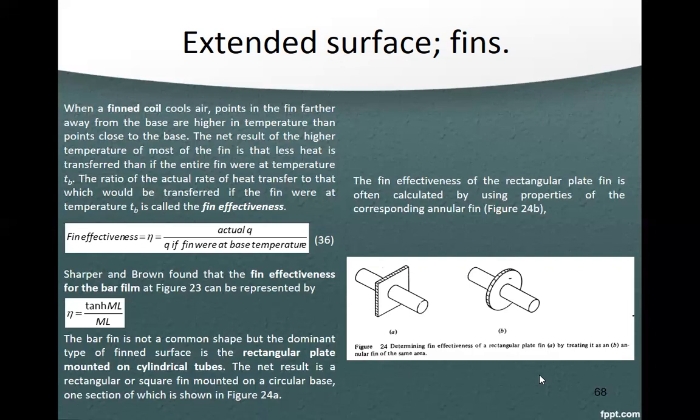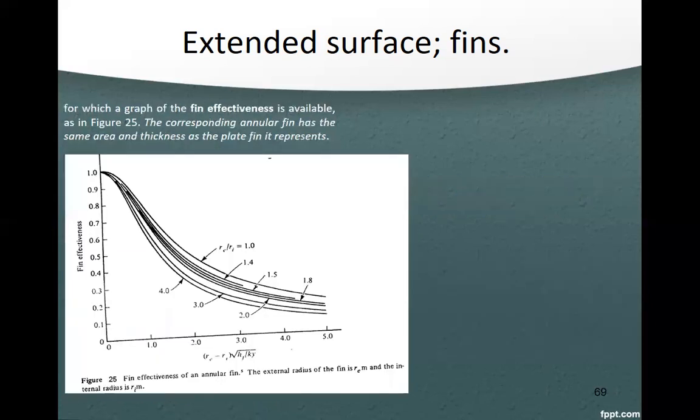So determining the pin effectiveness of a rectangular plate pin A by treating it as in B, another pin of the same area. So check natin dito. The pin effectiveness of the rectangular plate pin is often calculated by using properties of the corresponding annular pin equivalent, for which a graph of pin effectiveness is available as in figure 25.